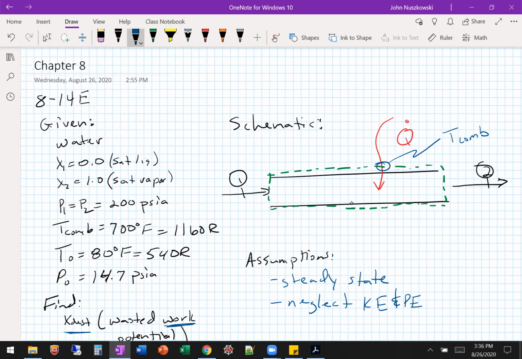So they want you to include the heat and the temperature with that heat. That's not the dead state because it's in a boiler, right? So that boiler is creating that heat at that temperature. Other devices, if you make the boundary bigger, it could be the surrounding air, but this is inside a boiler, this tube where the water's going. So inside the boiler, there's combustion that's heating up that tube.